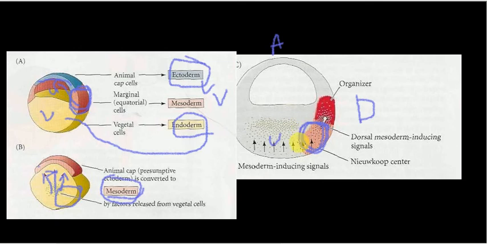So this dorsalmost vegetal cell is secreting something that gives the dorsal lip of the blastopore its organizer property. Because of this group of cells, the dorsal lip of the blastopore is able to direct the axis formation.